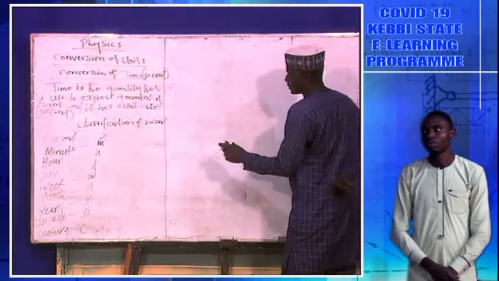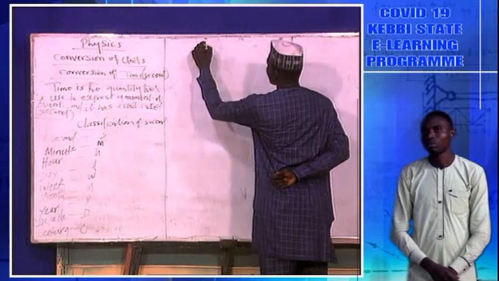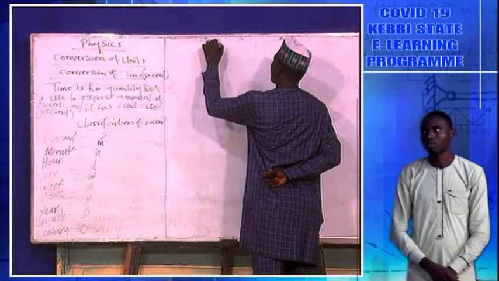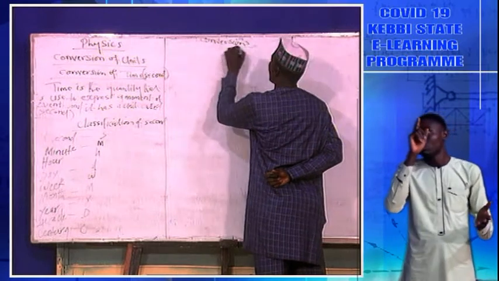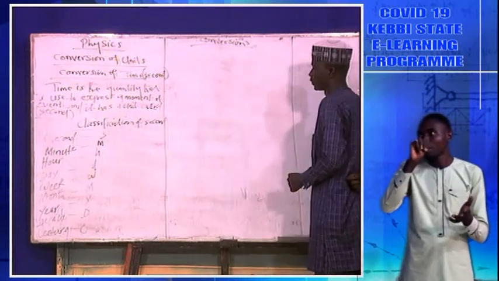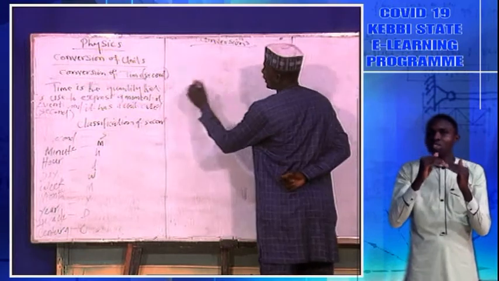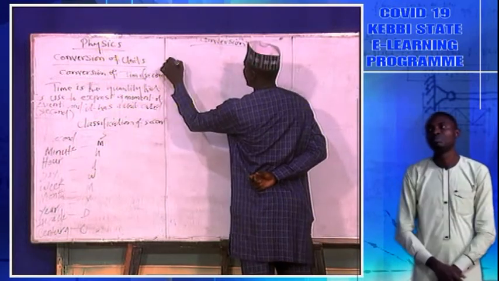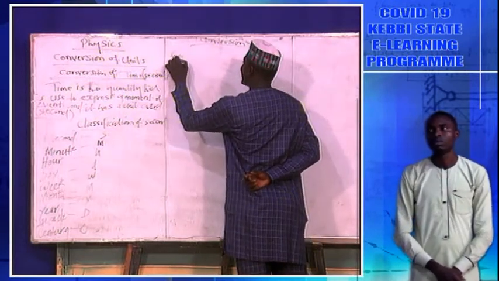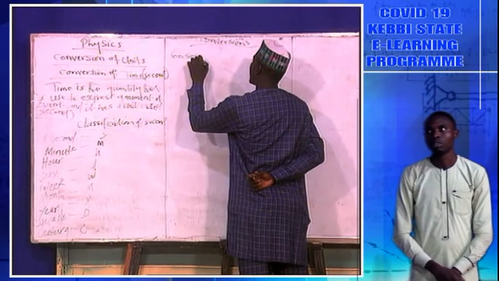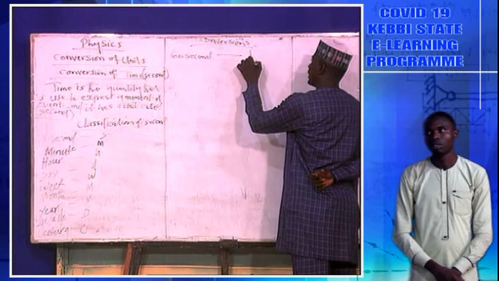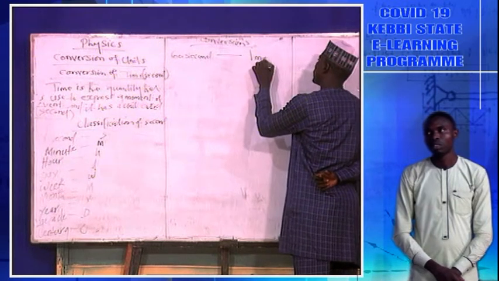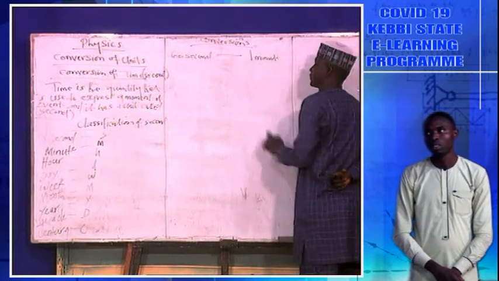Now, let us see the conversions. We have second. We can say 60 seconds will make only 1 minute.